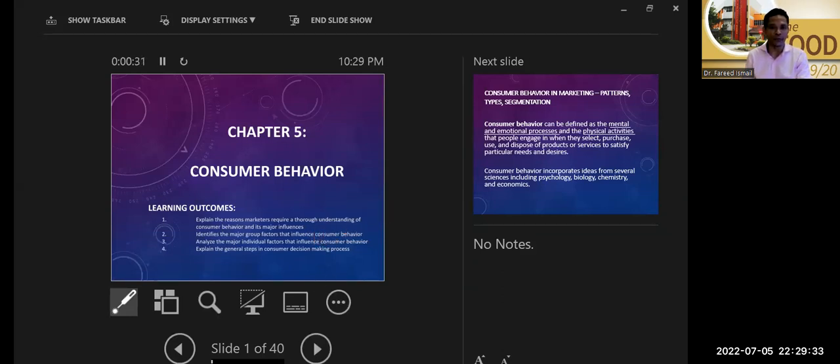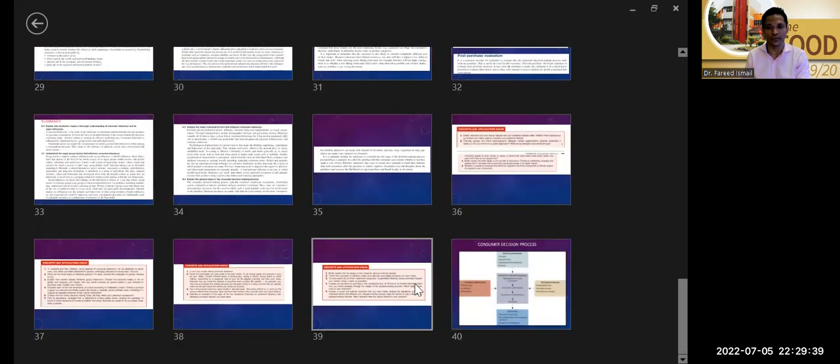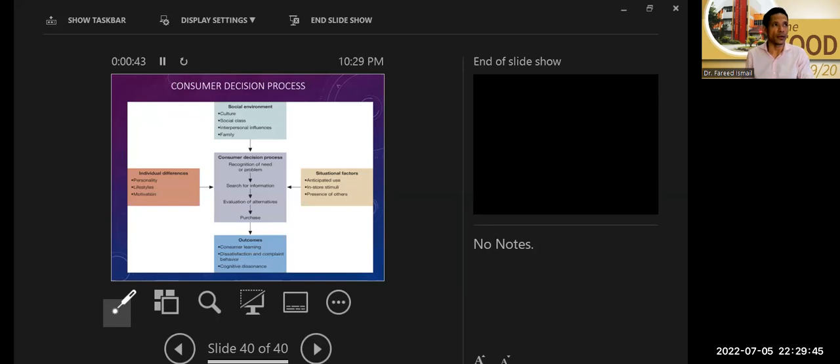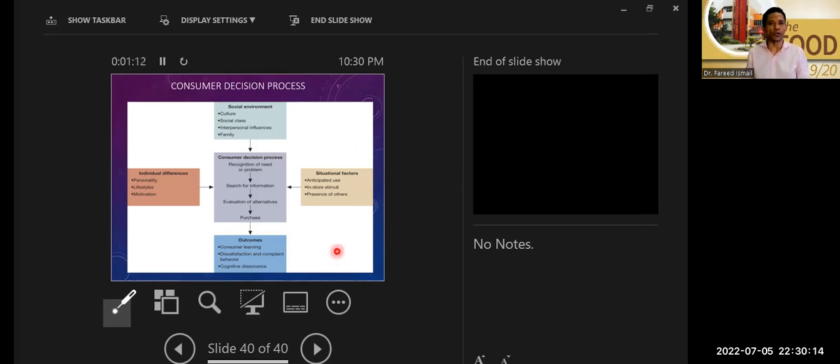Now, in this lecture, I did mention in the first series about the consumer decision process, regarding the components we need to understand: at what stage of the continuum of the decision process the consumers are at, and at which part of the continuum we would like to understand consumer behavior.